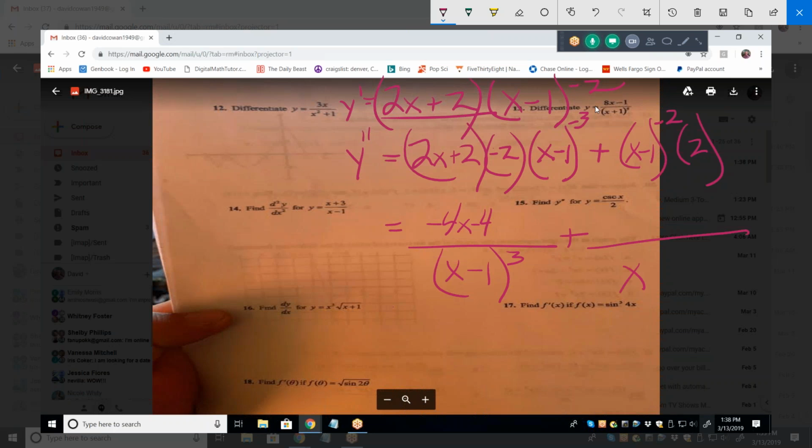And I already have an x minus 1 squared, and up top I have a 2. And so if I want to make this x minus 1 cubed, I have to put an x minus 1 up there, and now I can make that cubed. You with me?